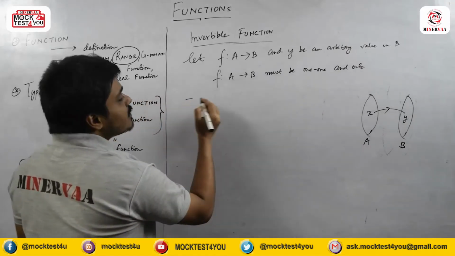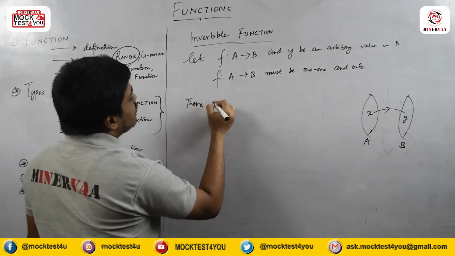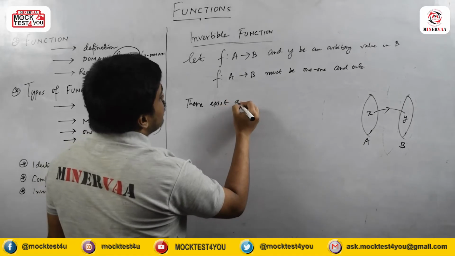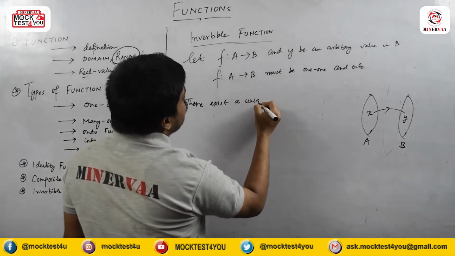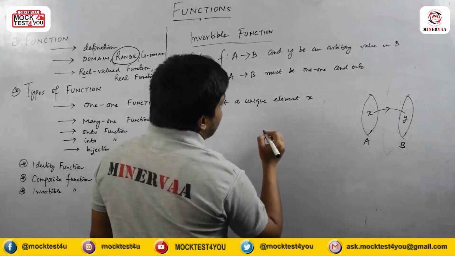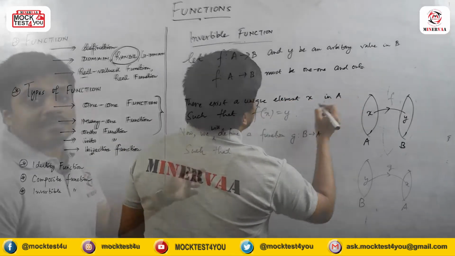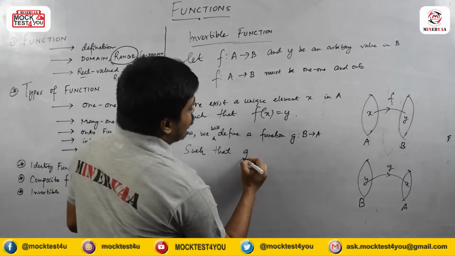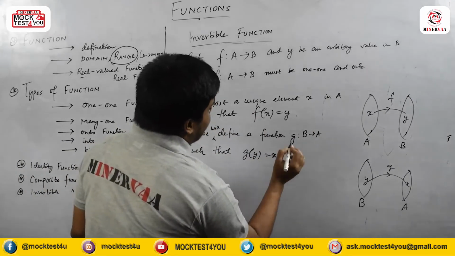So there exists a unique element x in a, such that gy is equal to x.